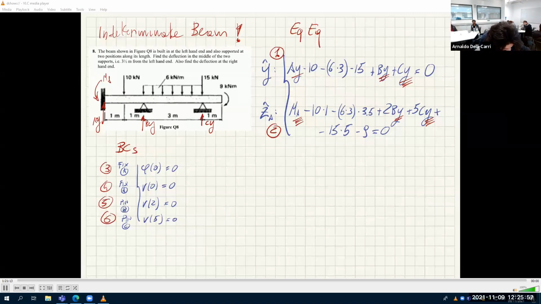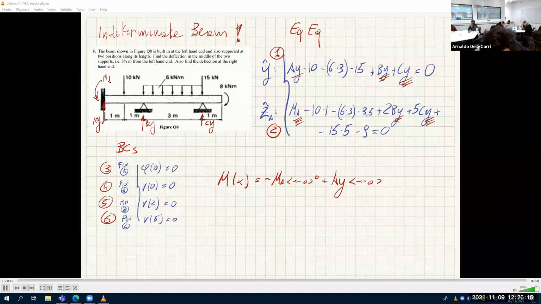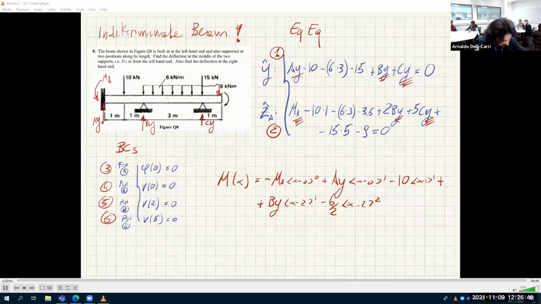So bending moment diagram, M of x is: MA, so this is counterclockwise, so it's negative, MA times x minus 0 to the power of 0, plus AY times x minus 0 to the power of 1, minus 10 times x minus 1 to the power of 1, plus by times x minus 2 to the power of 1, minus 6 divided by 2 times x minus 2 to the power of 2, and then this doesn't end at the end, so we have to use the fake load as well.